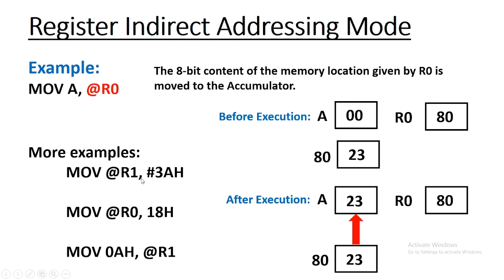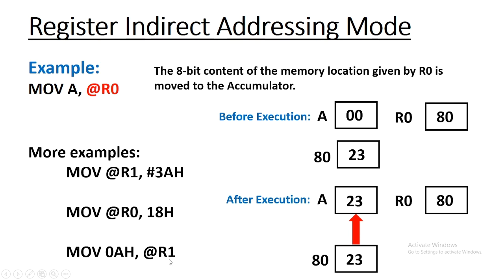A few more examples are move @r1 comma #3Ah. So #3Ah is the immediate data which is copied into the memory location given by the R1 register. The next instruction is move @r0 comma 18h. 18h is the address. So the content of this address is copied into the memory location given by R0, and the last instruction is move 0Ah comma @R1.